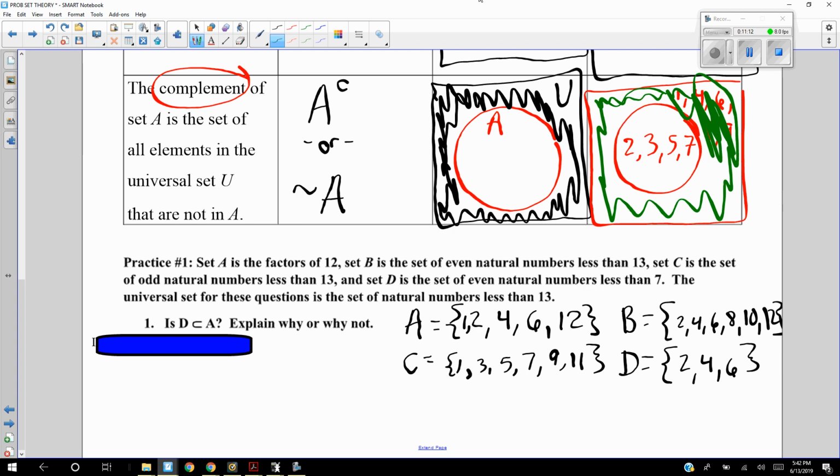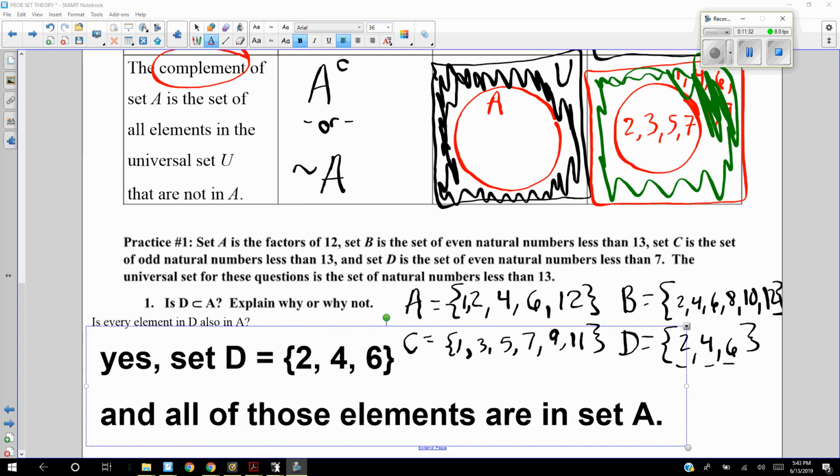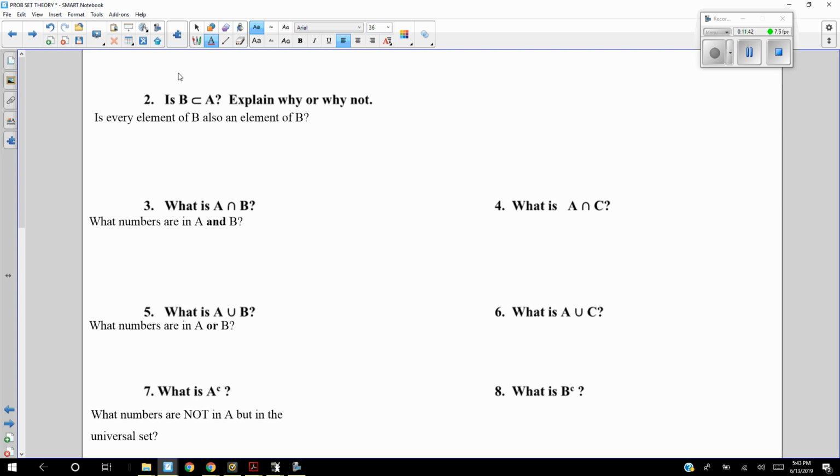So the first question asks, and think about what that symbol means, is D a subset of set A? Is every element in D also in A? Well, the elements of D are 2, 4, and 6. 2, 4, and 6 are all in A. So yes, set D is 2, 4, and 6, and all of those elements are nested inside set A. For these other questions, the bolded question is not really what it's asking; the question underneath is.